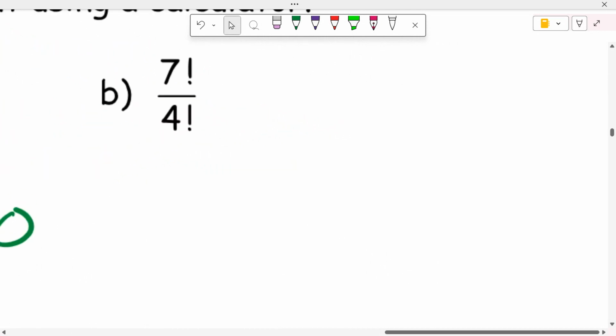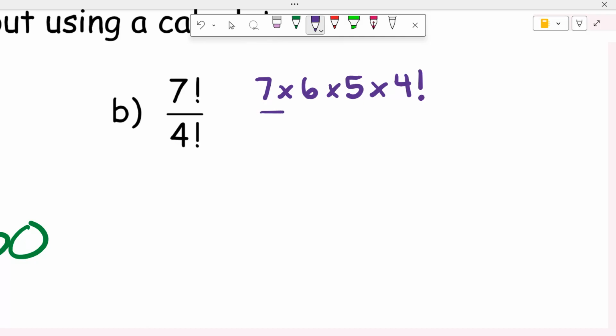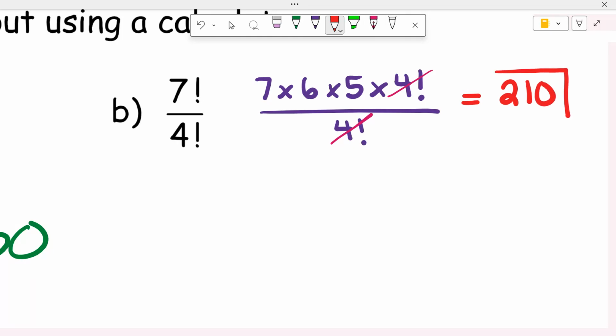So then for this little guy, we would go 7 times 6 times 5 times 4. Expand the larger one; it will always expand down to the smaller one. That will divide out. So then 210, because 30 times 7. Yep.